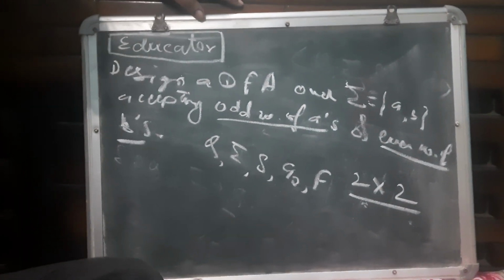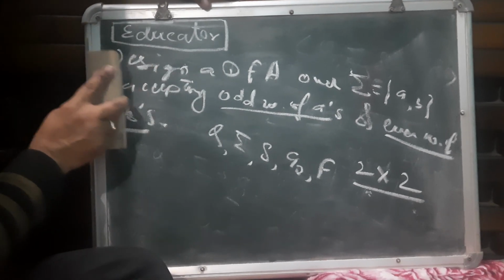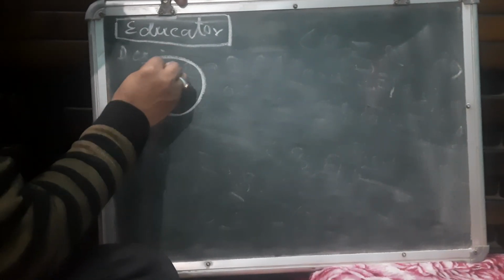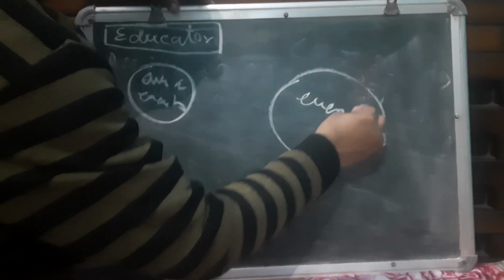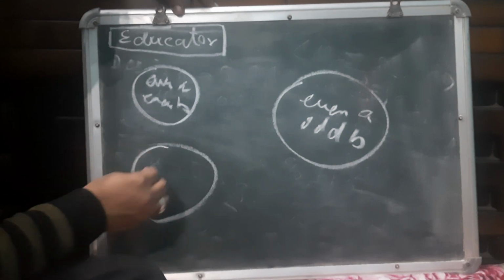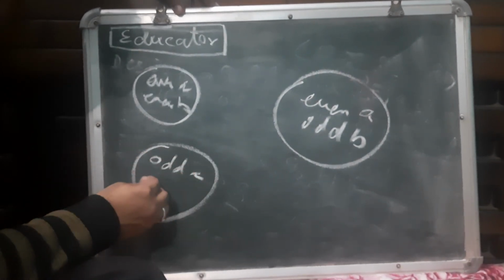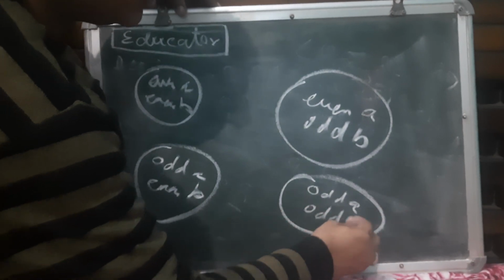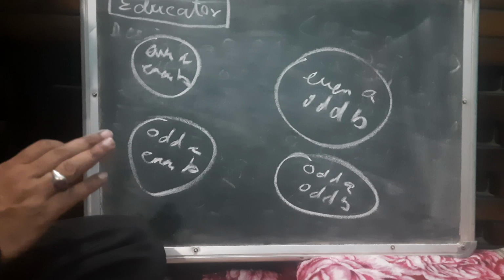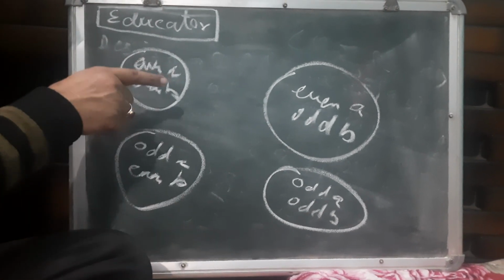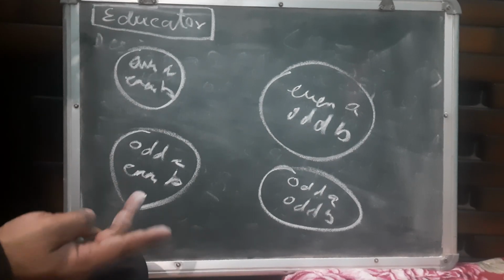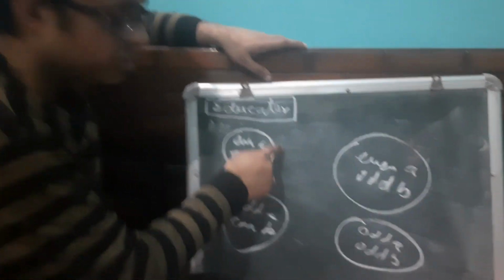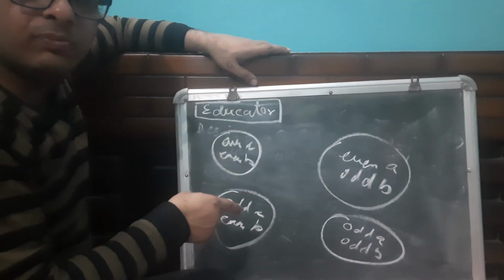Now let us understand what these 4 configurations would be. Let me design the machine directly. Now the 4 states would be even A even B, even A odd B, odd A even B, and odd A odd B. These could be the only 4 states possible for this automata, because suppose had I been seeing only the configuration of A's, then there could be 2 states only, even A and odd A. But here there are 2 symbols A and B, and we are checking the DFA for both symbols.